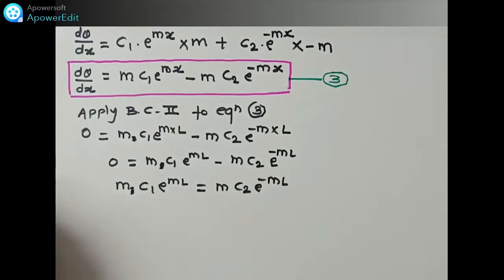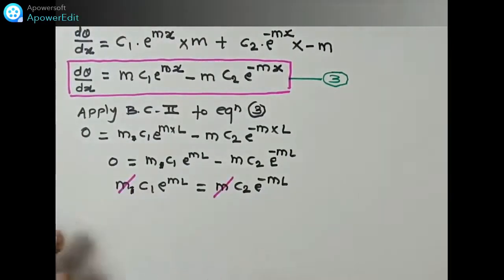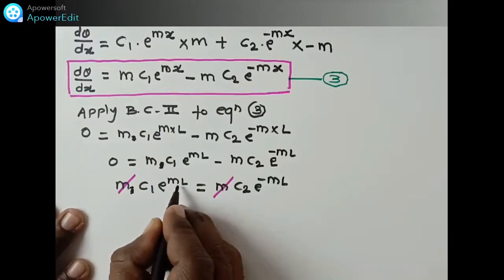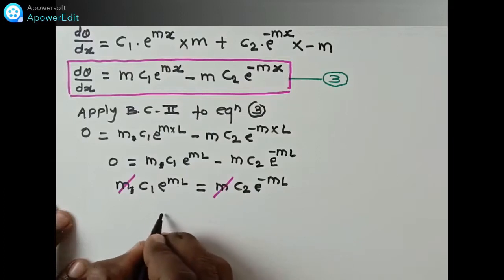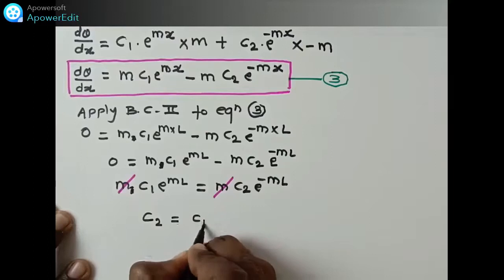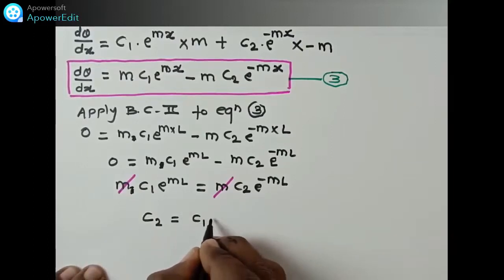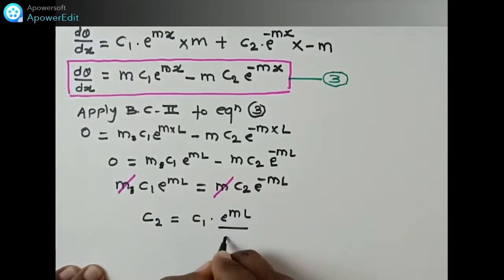In this case m on both sides will cancel. So we will have the equation C1 e raised to ml is equal to C2 e raised to minus ml. We can write this equation in the form of C2. So C2 will be equal to C1 into e raised to ml divided by e raised to minus ml.